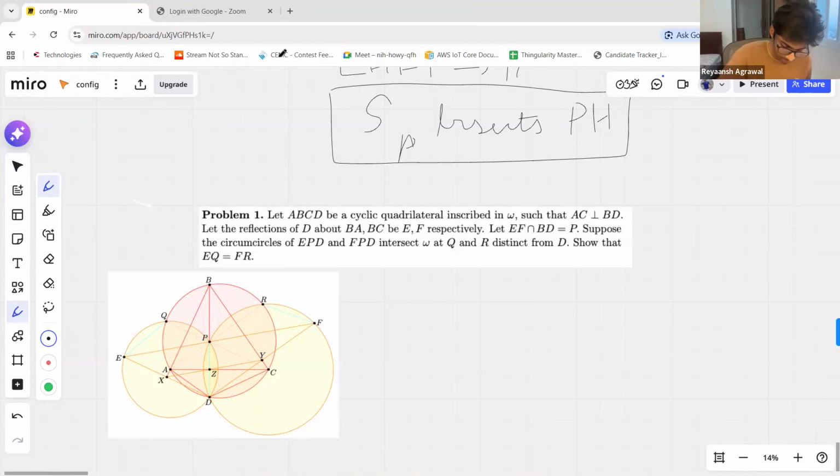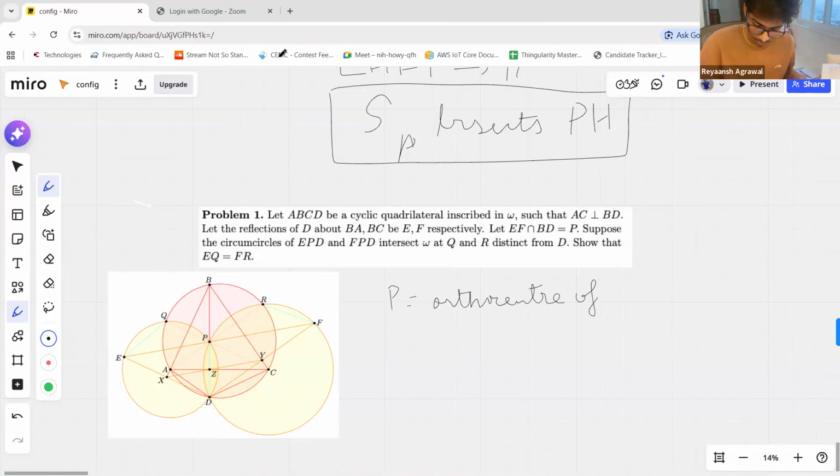Great. So we have P is the orthocenter. Right, so we have figured out what P is. Now, can we try and figure out what Q and R are?